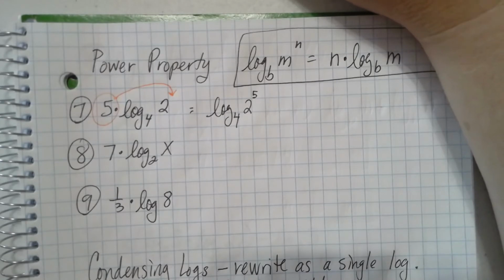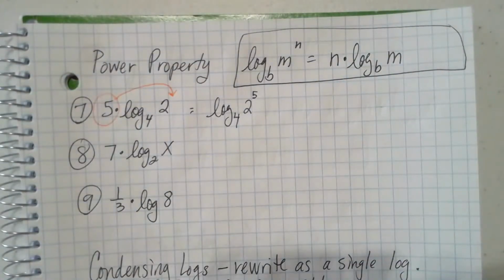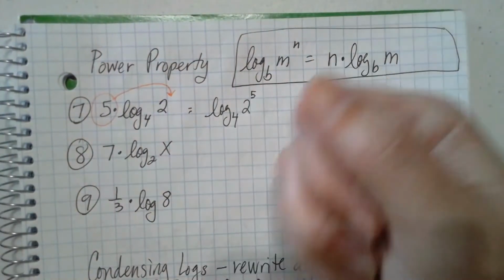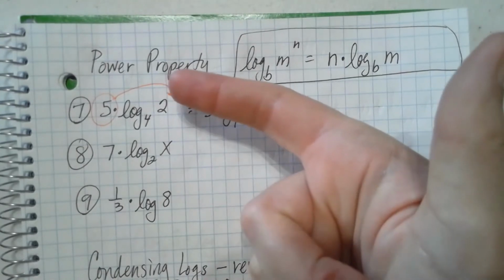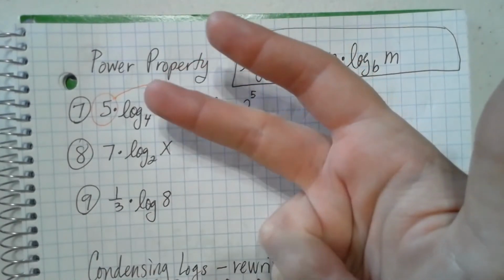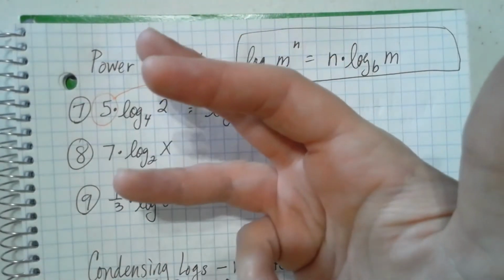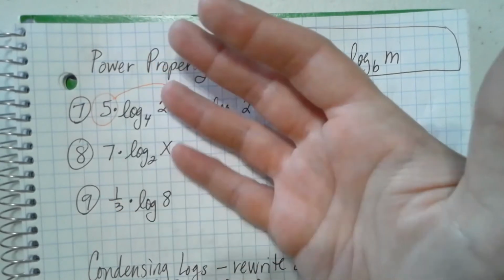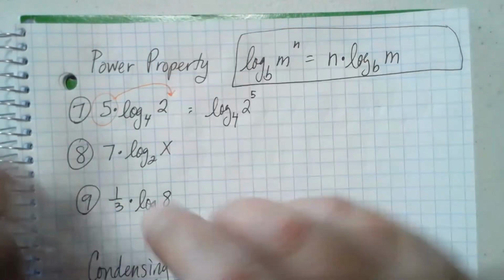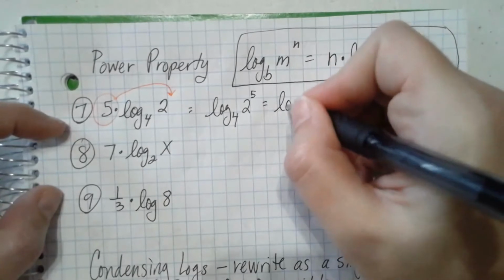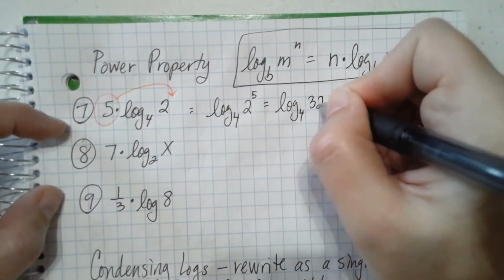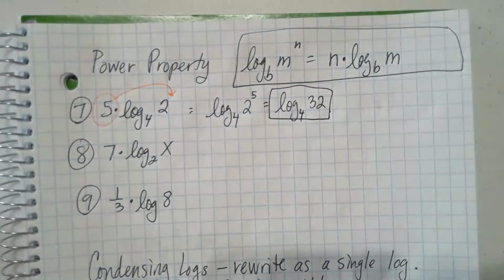We're going to go ahead and simplify 2 to the 5th power. Okay, so let's do this. I'm just going to use my hands. 2 times 2 is 4, times 2, 8, times 2, 16, times 2 is 32. Log base 4 of 32.